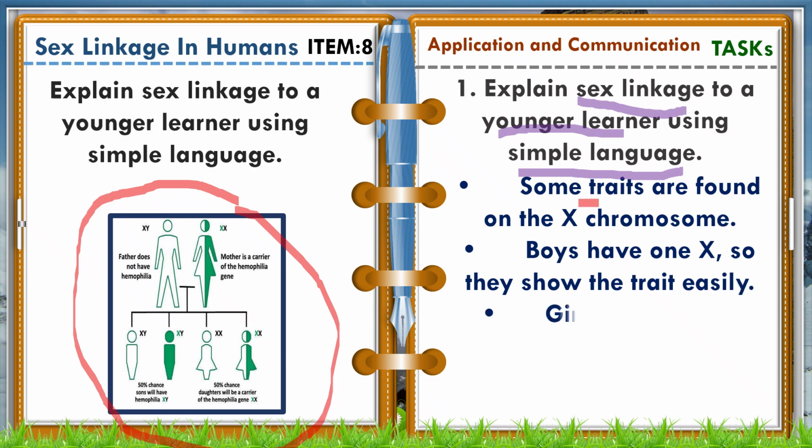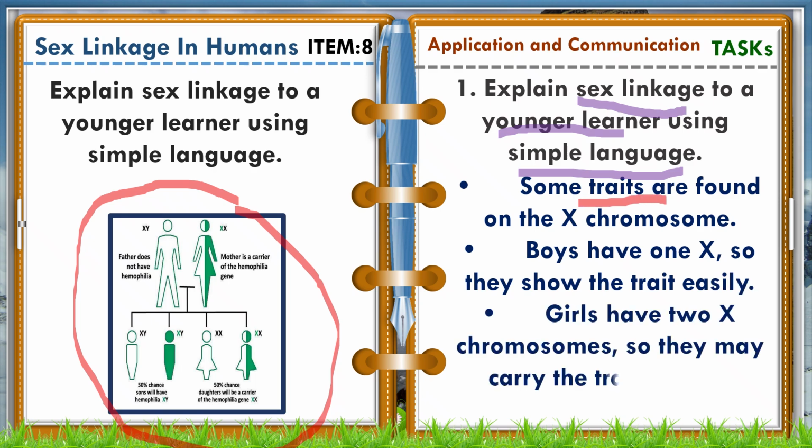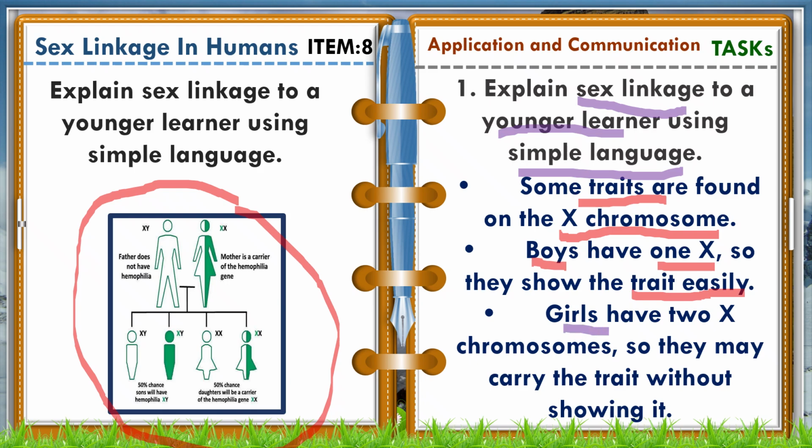We say that some traits are found on the X chromosome, and the boys have one X, so they show the trait easily. For the girls, they have two X chromosomes, so they mainly carry the trait without showing it.